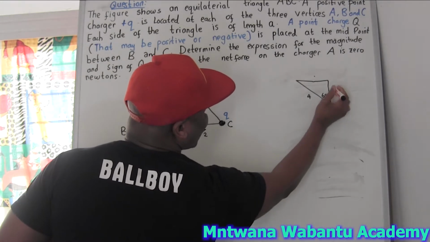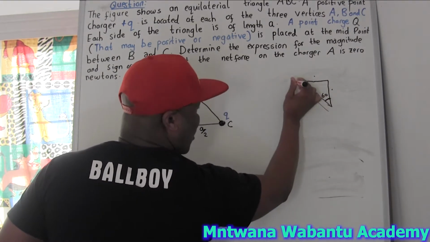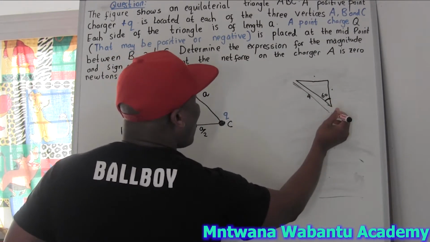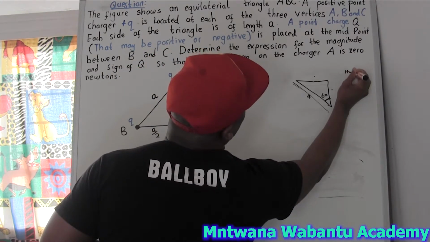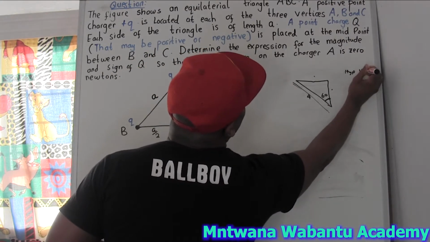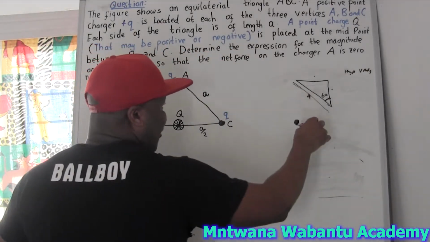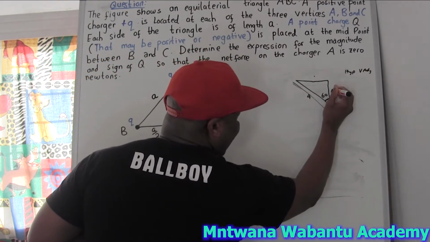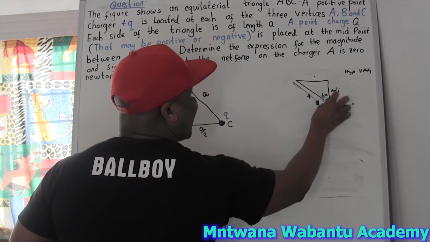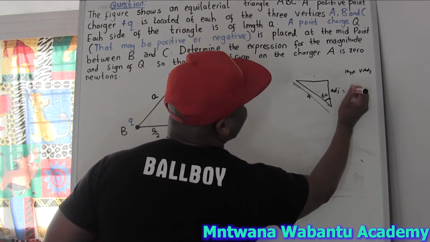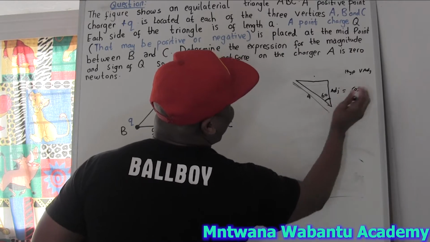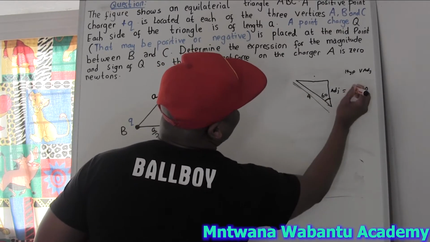My angle is always between the hypotenuse, because we know this is the hypotenuse, and the adjacent, whenever you have an angle in a triangle like this. So this is hypotenuse and this is adjacent. Adjacent is always cos. So I'm going to say adjacent equals cos of my angle, which is 60, times hypotenuse.